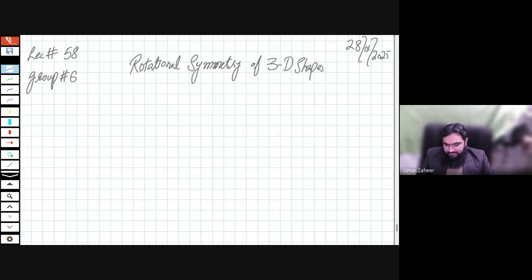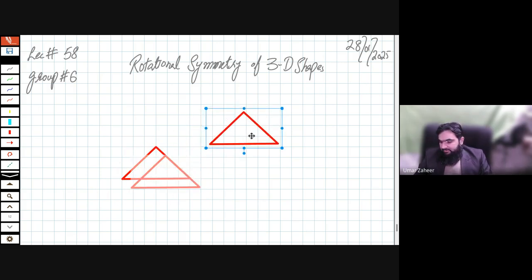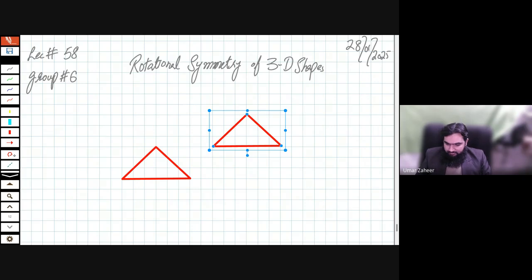Okay, first of all, I'm going to draw a shape here. Let's say it is a triangle. I'll try my best to make a trapezium type shape.